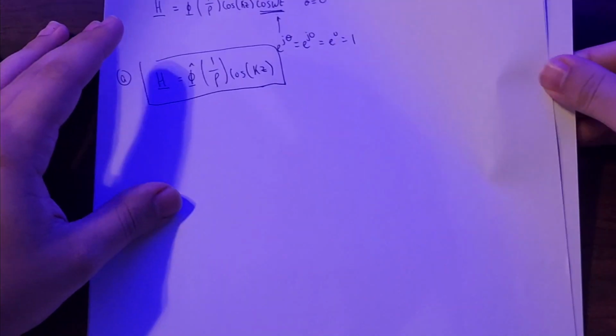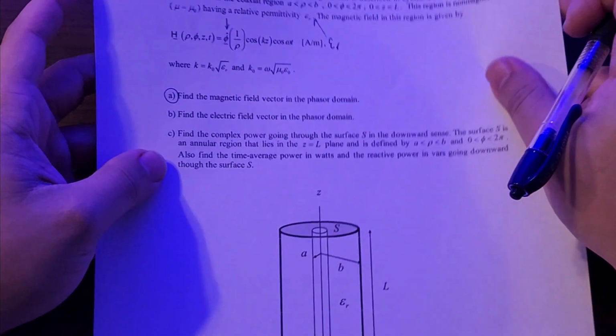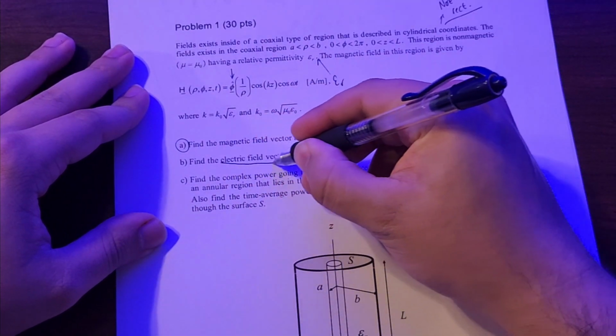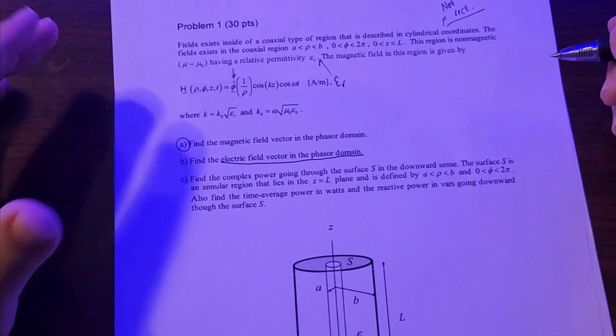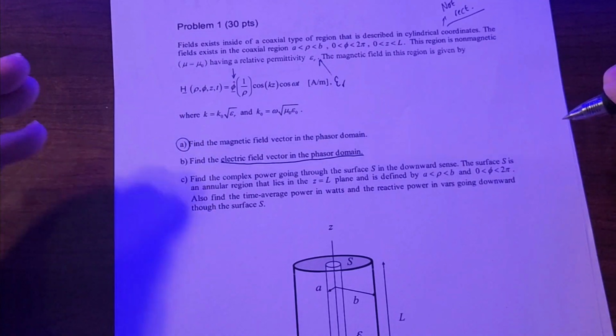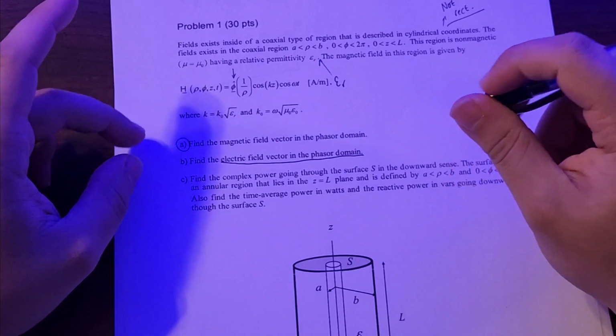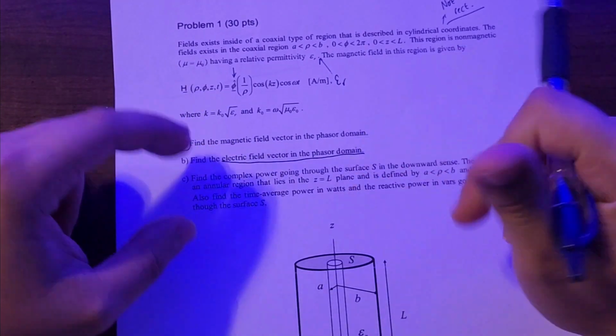Part B asks, what is the electric field vector in the phasor domain? In practice, this isn't difficult. Whenever we did homework 2, I believe, it asked to go from the electric field to the magnetic field. And what did we do?